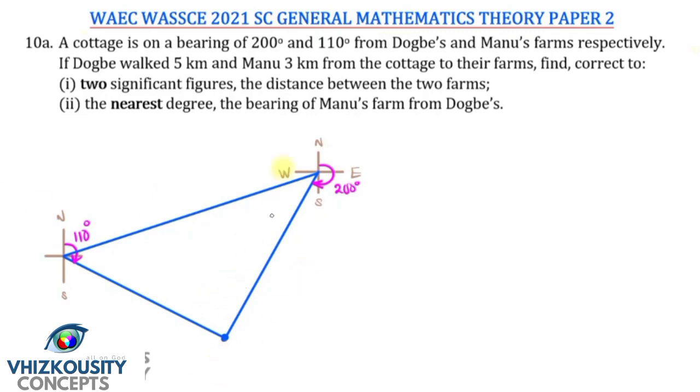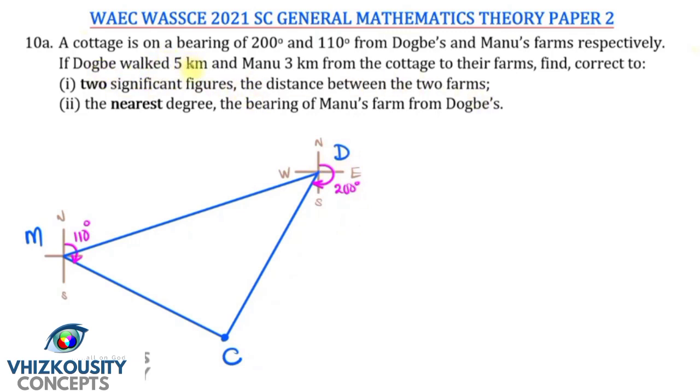Now we are taking the bearing from Dogbe's farm as 200, so this is where we are taking the 200 from. That is Dogbe's farm, D for Dogbe. Then M for Manu. And the bearing is to the cottage, so this we can label as C. To finish up the diagram, we include the distances.